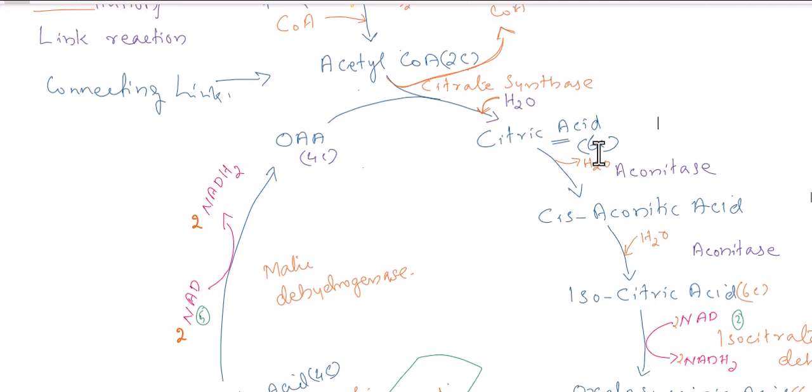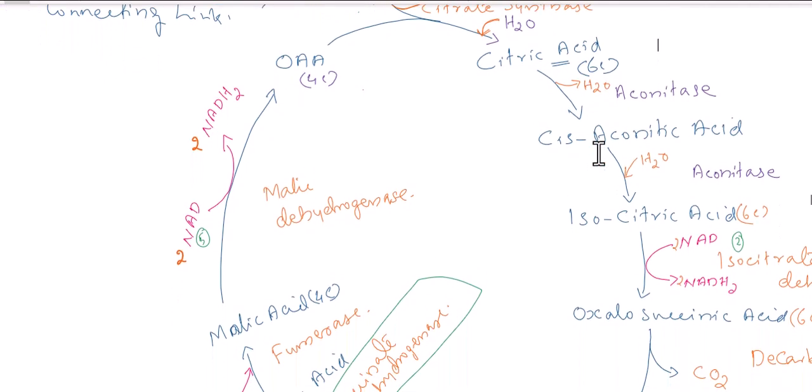Citric acid is again converted to isocitric acid. This compound is also there, but that is not much important for you for NEET purposes or in board exams. You can directly study it like this: citric acid gets converted to isocitric acid. There are no significant changes occurring here.